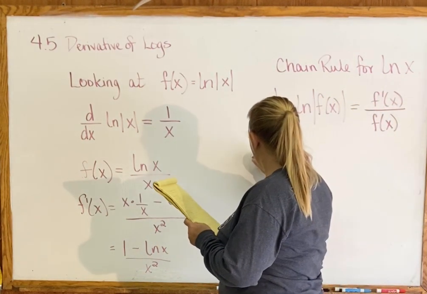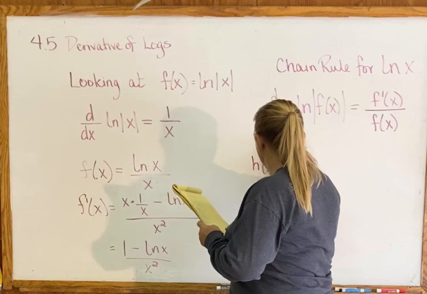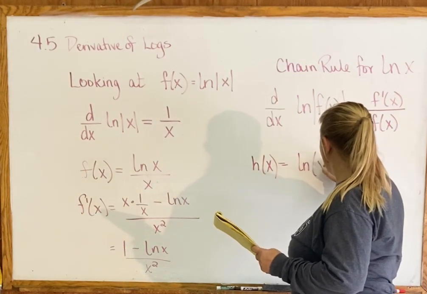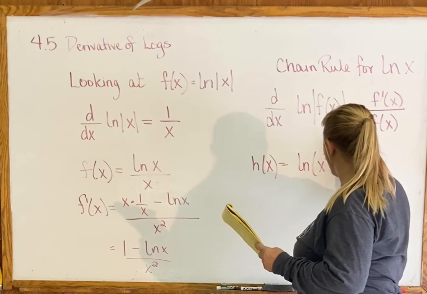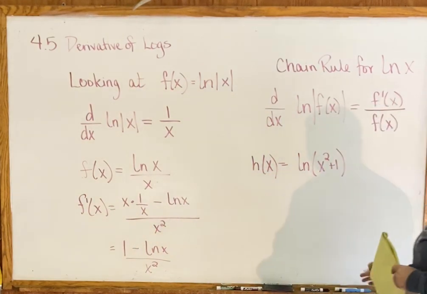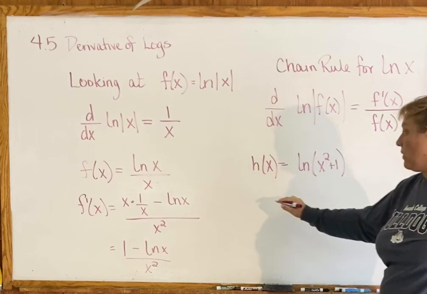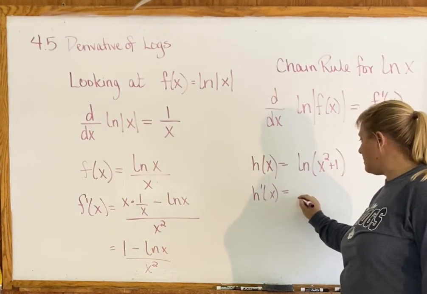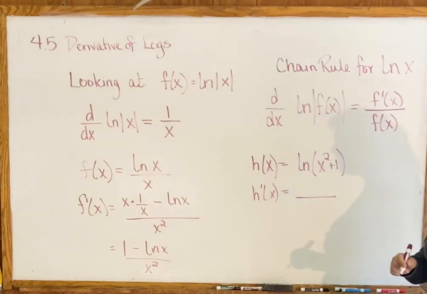So let's see what we got here. They say h of x is equal to the ln of x squared plus 1. If we want h prime of x, we know it's going to be a fraction because of the ln.